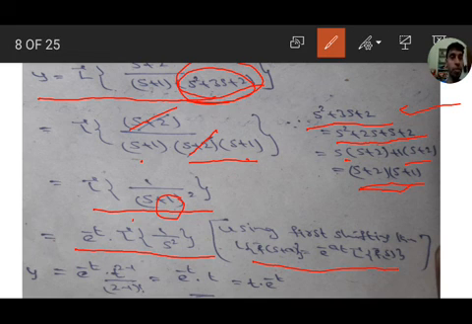L inverse of 1 by s to the power of n is t to the power of n minus 1 by n minus 1 factorial, that is e to the power of minus t into t to the power of 2 minus 1 by 2 minus 1 factorial, that is e to the power of minus t into t. Therefore t into e to the power of minus t is the solution of the given differential equation.